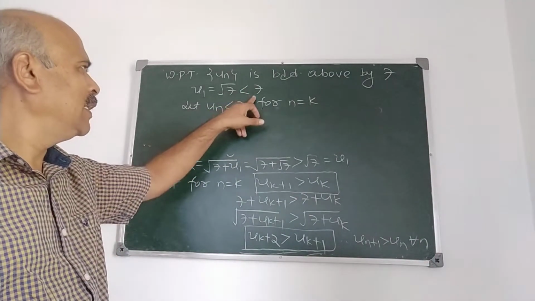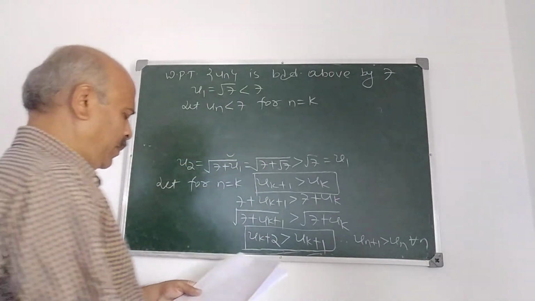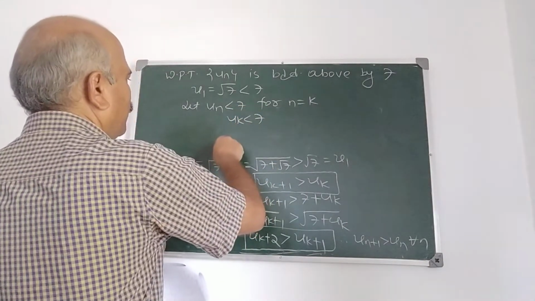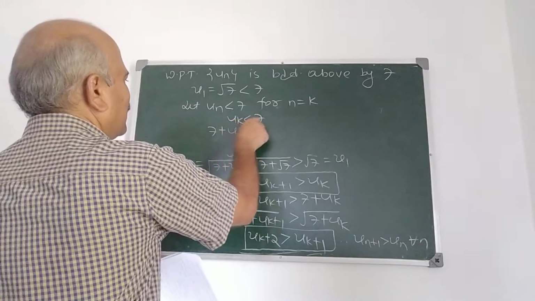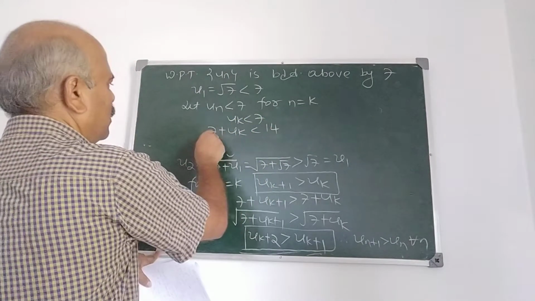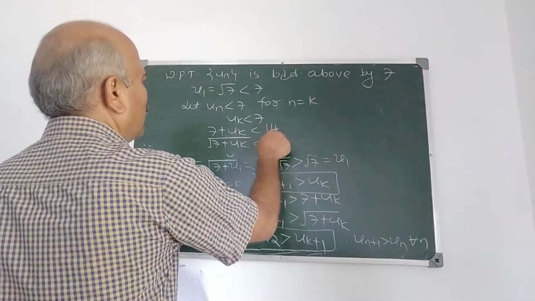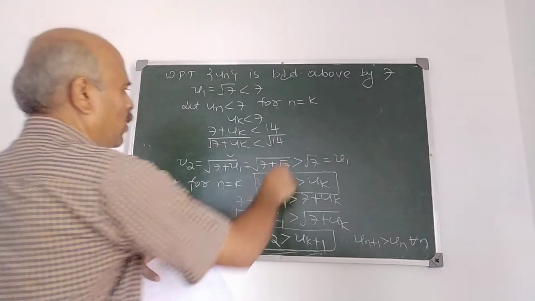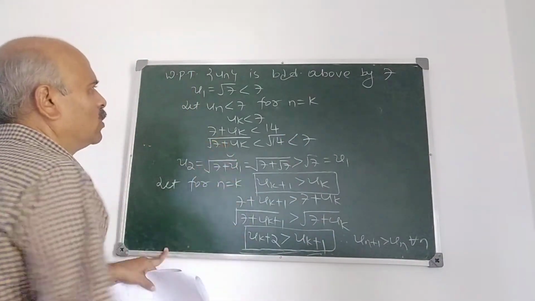u_1 is less than 7. Assume that u_n is less than 7 for n is equal to k. Therefore, u_k is less than 7. Now, 7 plus u_k is less than 14. Taking the root, root of 7 plus u_k is less than root 14. Correct? Root 14 is less than 7. But what is root of 7 plus u_k?